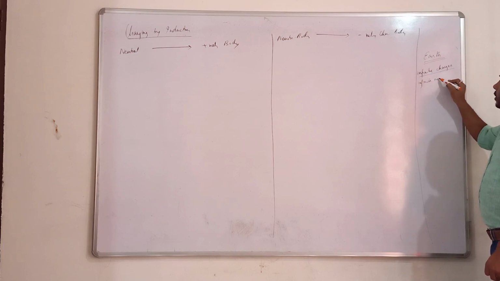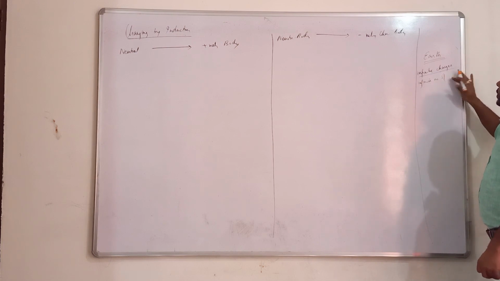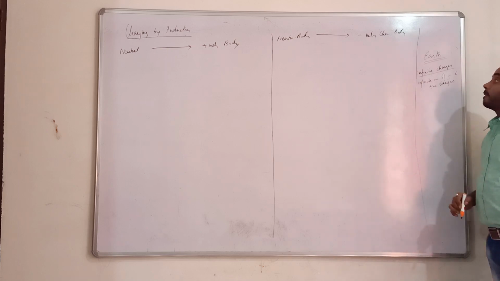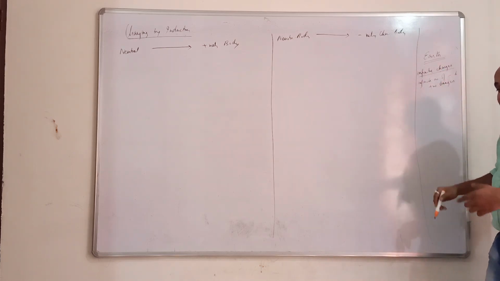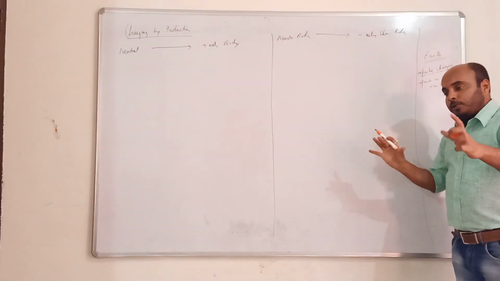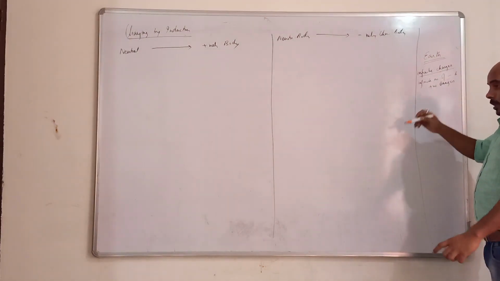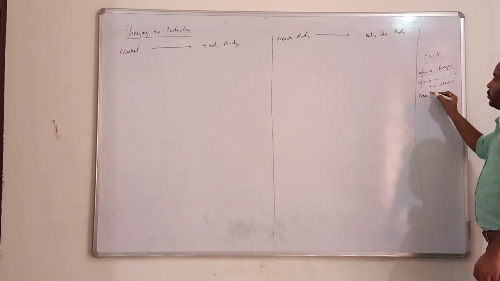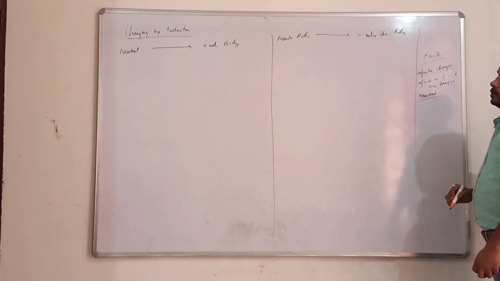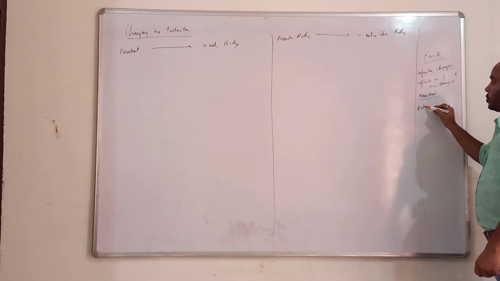Infinite number of electrons, or we can say negative and positive charges. अगर मैं infinite charges बोलूं मतलब क्या है? Neutral है क्योंकि infinite positive है, infinite negative है, that means this is neutral. And its potential, this you have to remember.